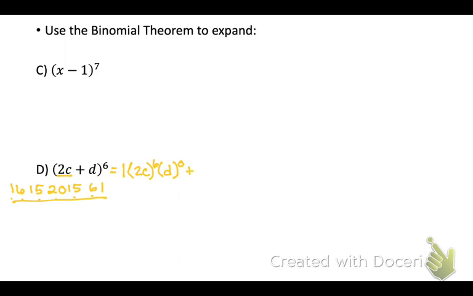Right. And now my next coefficient is 6, 2C to the 5th, D to the 1st, because it's going up.